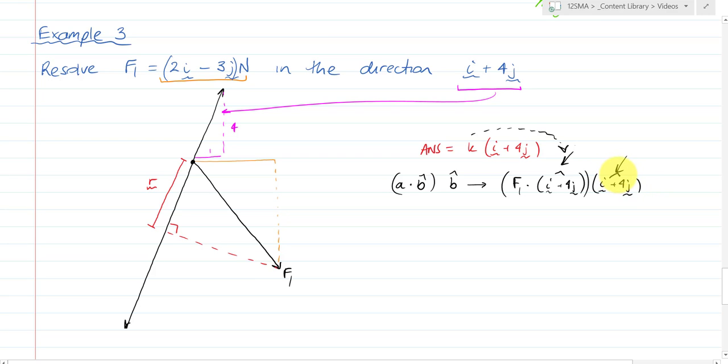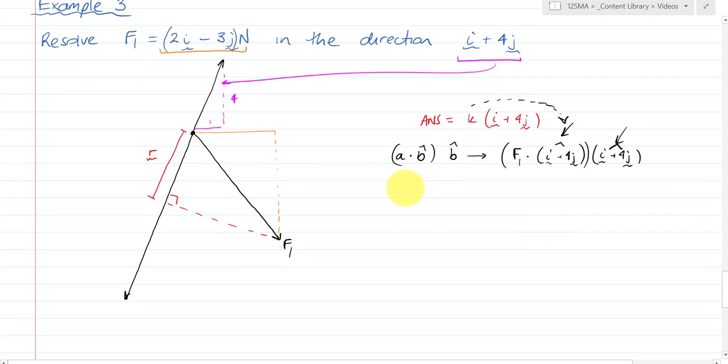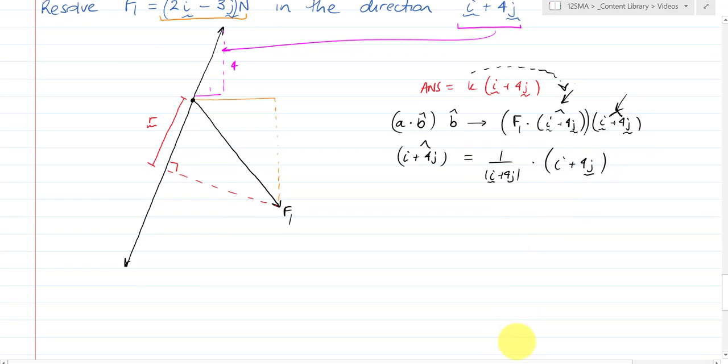So I need to work out i plus 4j hat first. It is i plus 4j divided by its magnitude. The magnitude of i plus 4j is the square root of 1 squared plus 4 squared, so the unit vector becomes 1 over root 17 times i plus 4j.